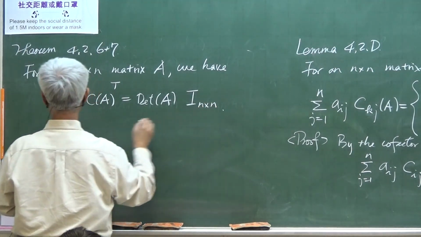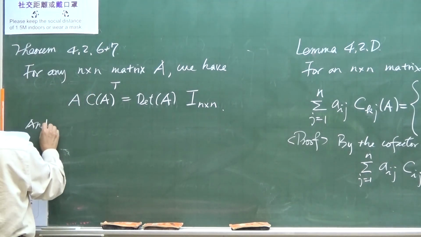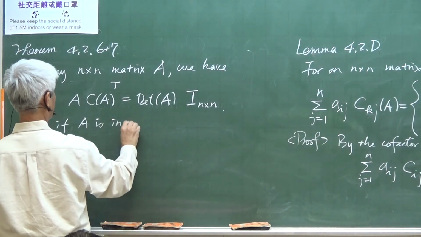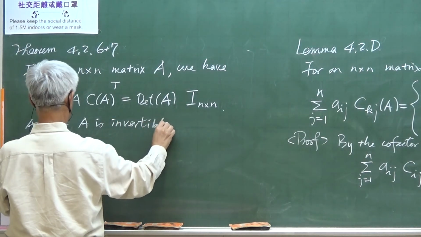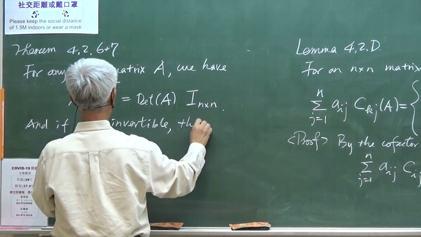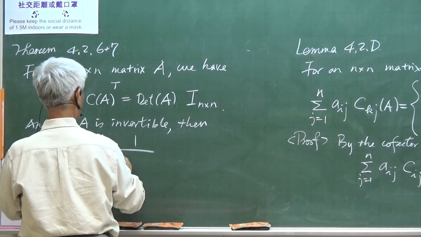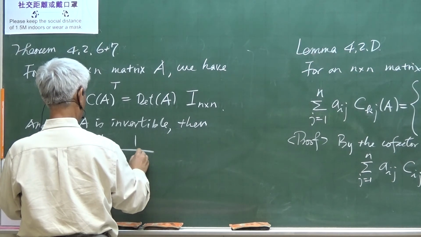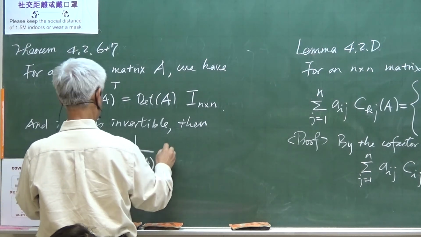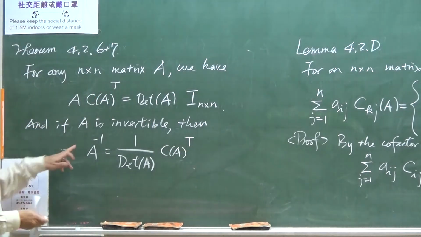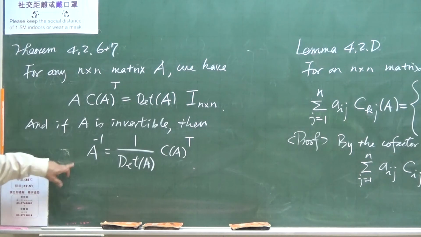Alright, so this is the first result. And if A is invertible, then A inverse is 1 over the determinant of A times C_A transpose. And so we have a formula for the inverse matrix.